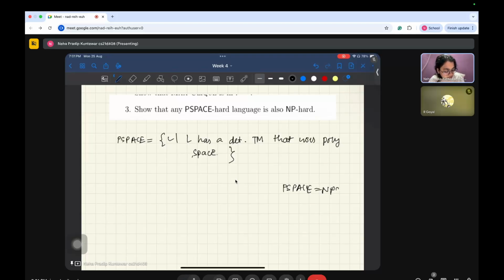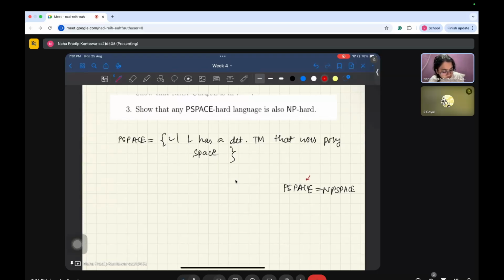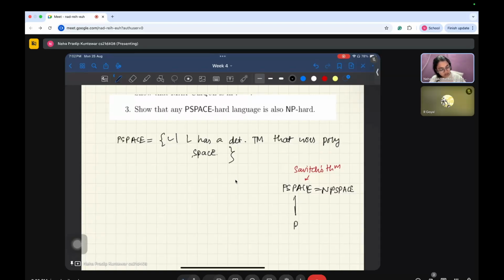But by Savitch's theorem we know that P-space is the same as NP-space, and we do know that P is contained in P-space, because if a machine runs in polynomial time, then it can only touch polynomially many spaces. So this containment is known.